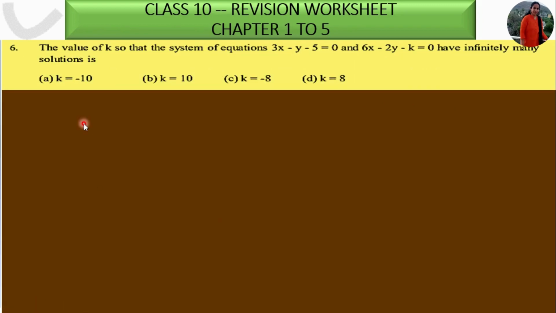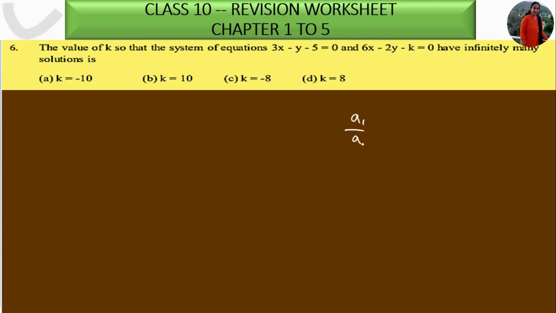Sixth question. The value of k so that the system of equations 3x minus y minus 5 is equal to 0 and 6x minus 2y minus k is equal to 0 have infinitely many solutions is. So they gave the condition these two linear equations have infinitely many solutions. So what is the condition for infinitely many solutions?